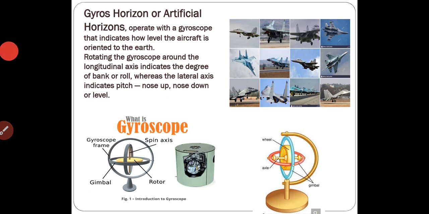Now gyro horizon or artificial horizon, very important in aviation, especially for fighter aircraft. Here we are using the advantage of the property of inertia or rigidity, that is called the principle of rigidity, and the principle of precession.